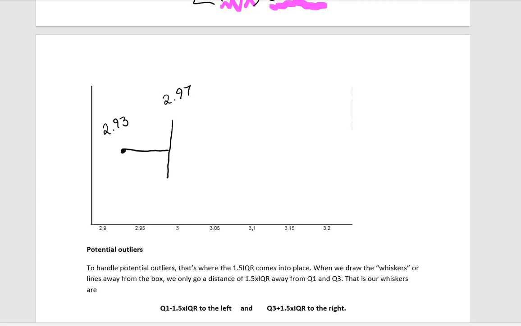Now when we start to draw the middle 50%, those are going to be boxes. So we are going to draw a box to 2.99 all the way up to 3.08.